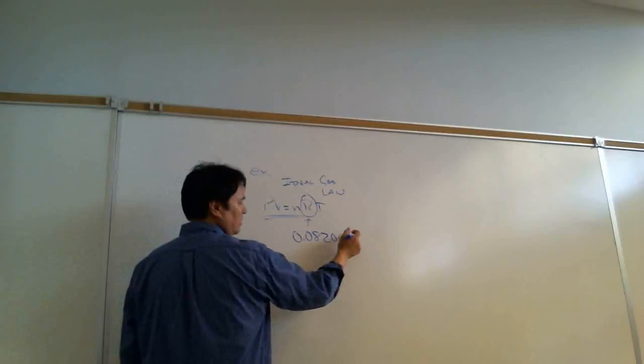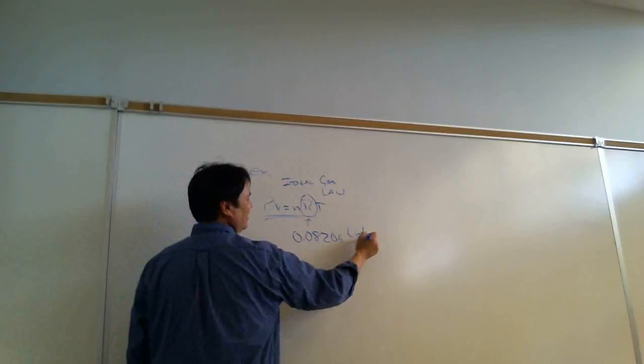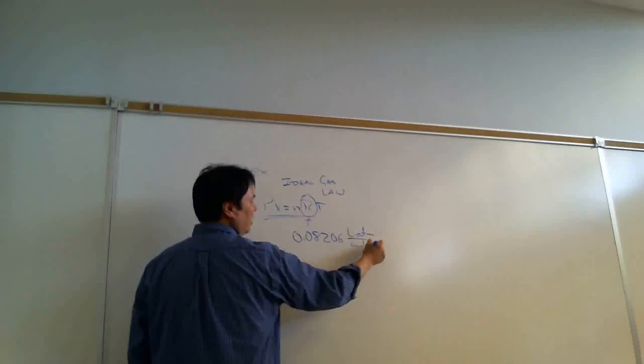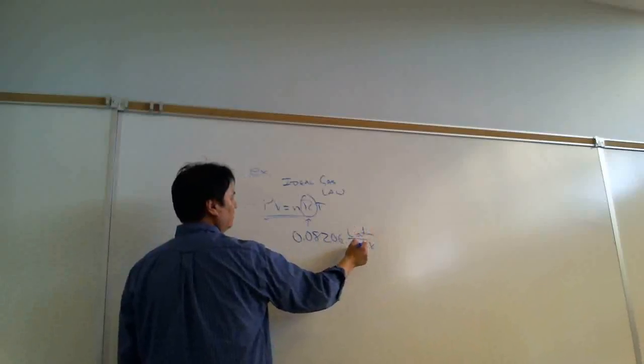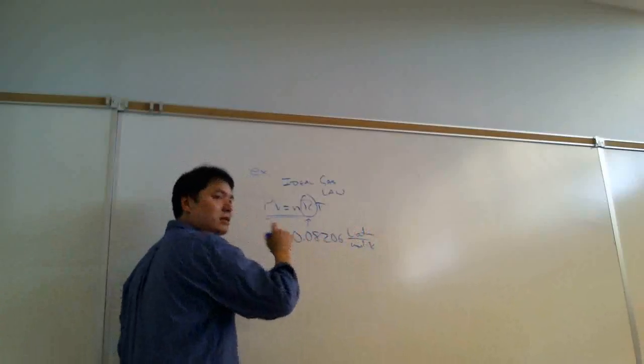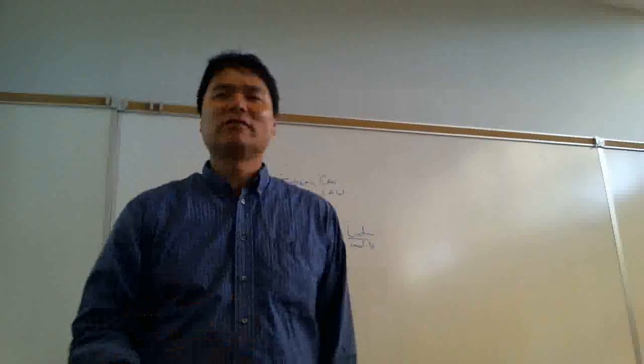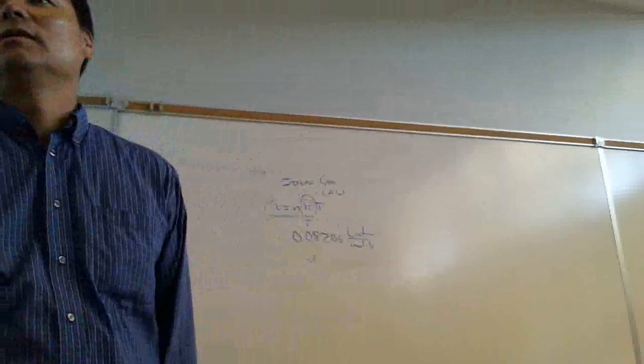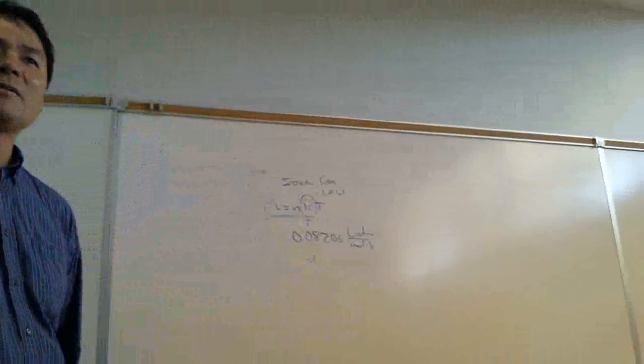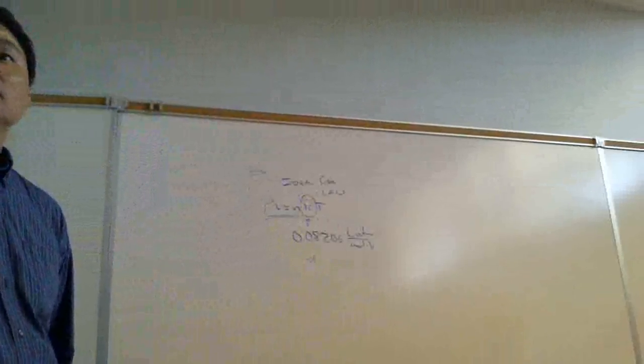You have 4 sig figs, liters atmosphere per mole Kelvin. Where did this come from? Where did the R come from? Tell me what fundamental part of atoms we can get R from.